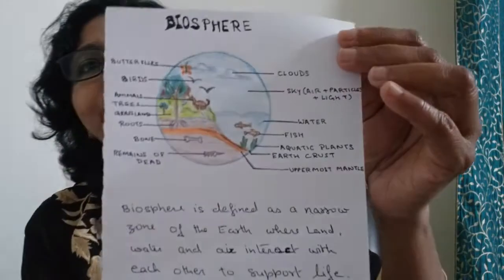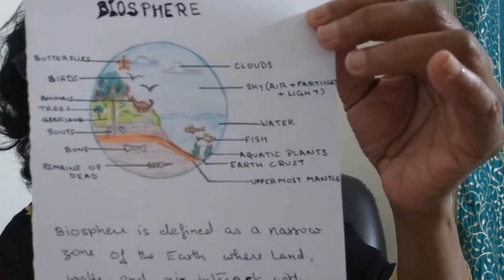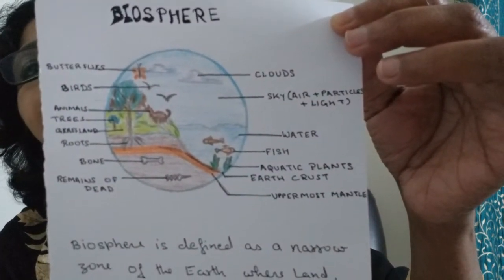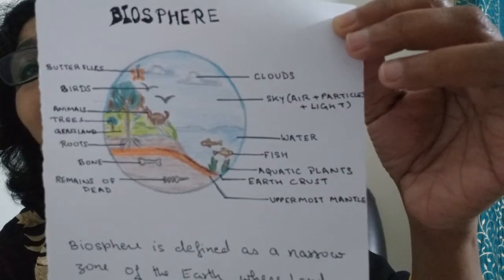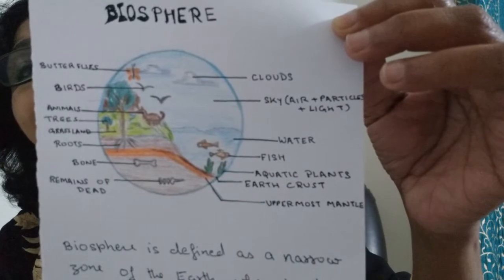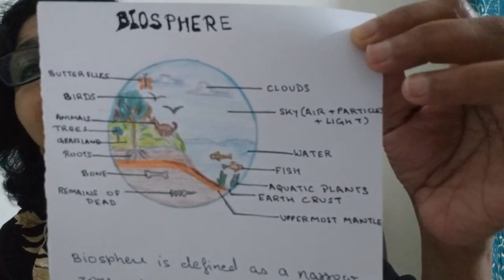So here in this figure, I have shown all the biotic components, whether they live in water or in air or on the soil or under the ground, just below the earth crust. They all form the biosphere.